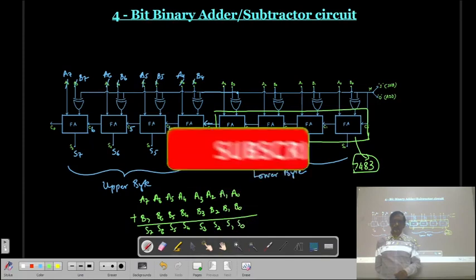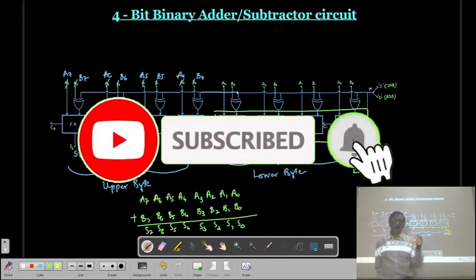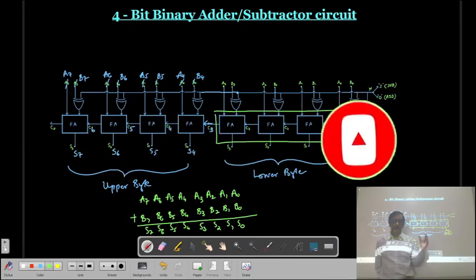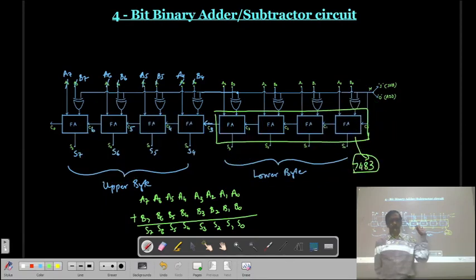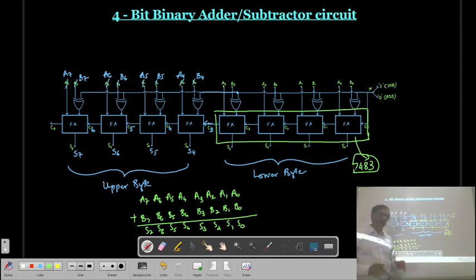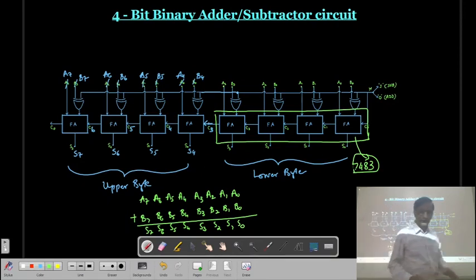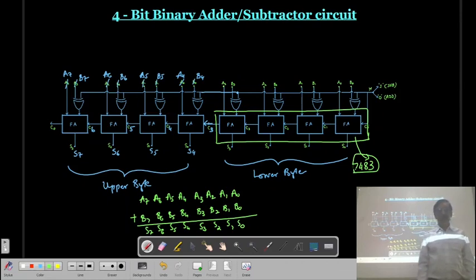So if you want a 16-bit addition, then you require 4 ICs and you can add in this manner. Okay. So this is how we can have an addition of 8-bit or 4-bit binary numbers. The advantage is that the same hardware is useful for the subtraction of two binary numbers.